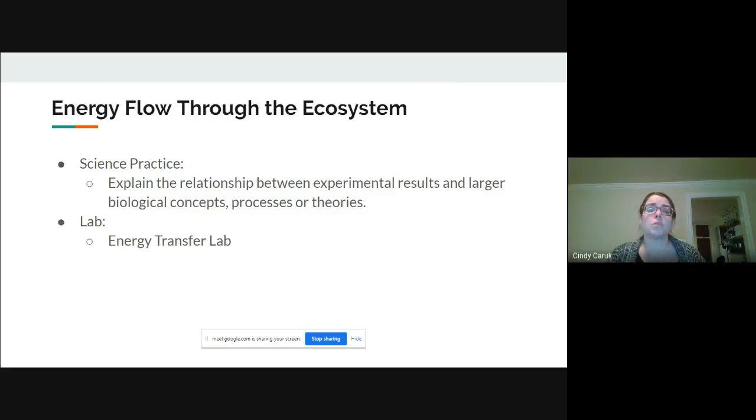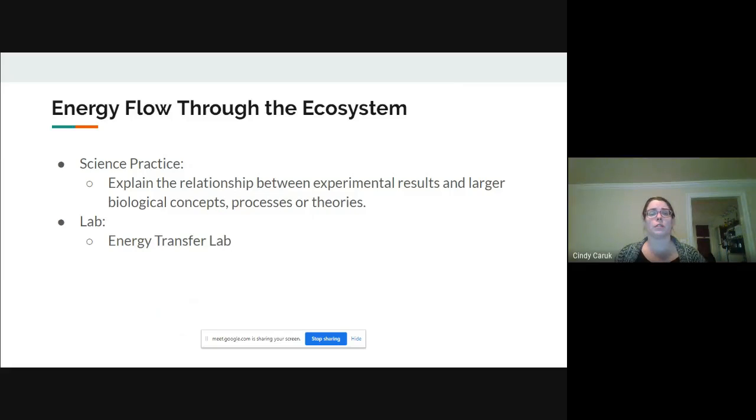All right, the next one we did with ecosystems, but it is the next one on the curriculum exam description. So this is the energy flow through the ecosystem. Science practice: you have to explain relationships between experimental results and larger biological concepts, processes, or theories. So I can see this being done by looking at the dry mass, for instance, in a plant, and then looking at the dry mass in the plant after it's been eaten.